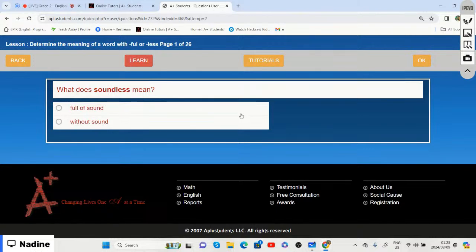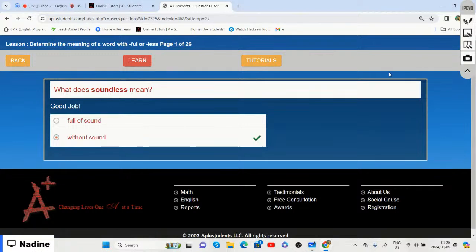All right. So if we were to determine the meaning of the word full or less, we would say soundless means without sound, right?